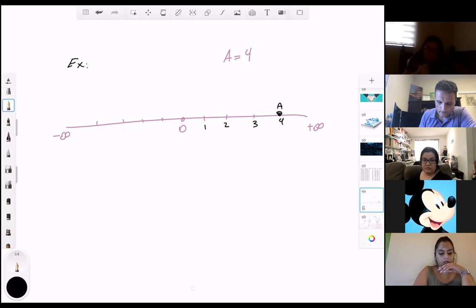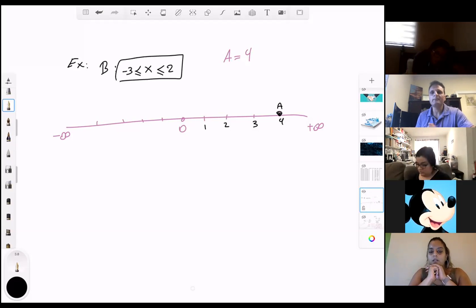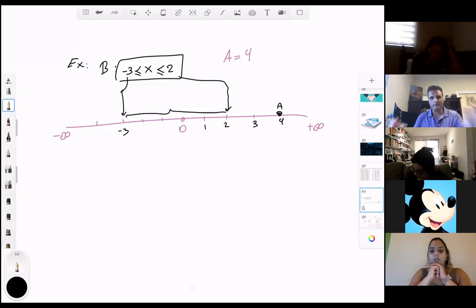Example, now I'm going to say B. The region B is X less than or equal to 2, greater than or equal to negative 3. So X is going to be between two numbers. 2 is over here. Negative 3 will be right there.